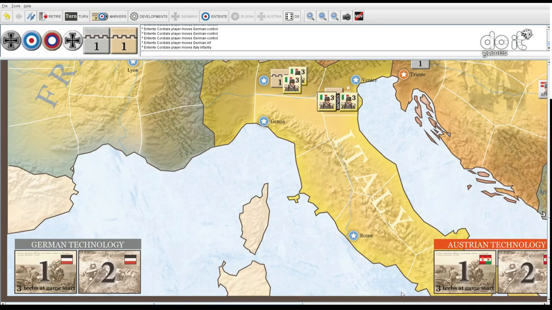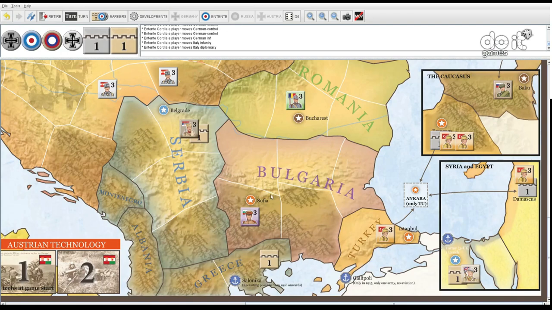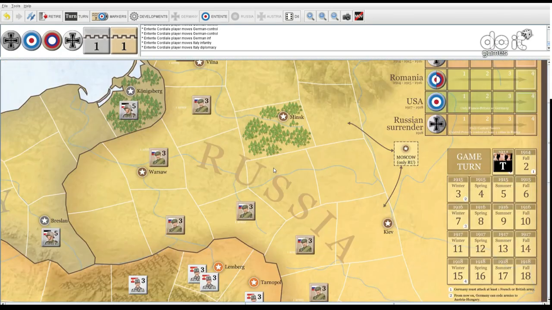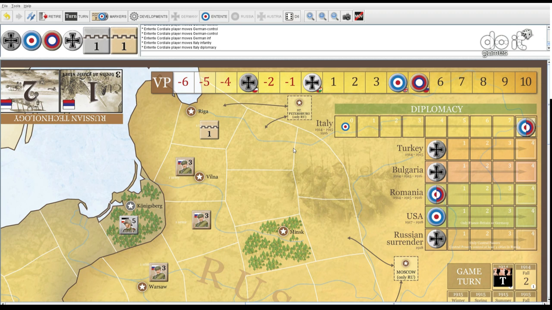Another way is when a minor country joins the war. If Italy joins the war, of the coalition's two sides, in that case Russia and France will get one victory point. Same with Turkey, both sides would get a victory point, and Bulgaria, Romania, USA.